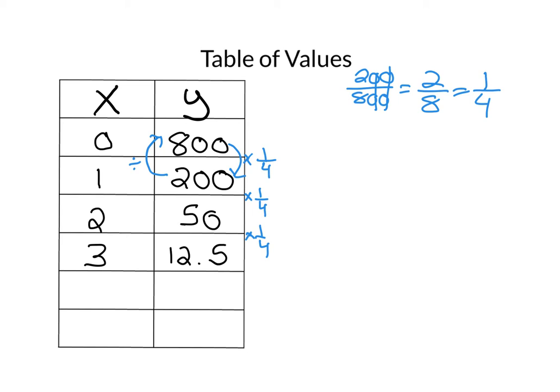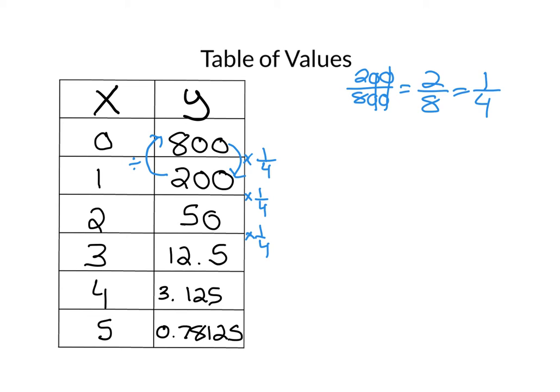Well, first, let's continue the x. Those are just going up by 1, that's easy, 4 and 5. All right, now 12.5 times 1/4 is 3.125. If we multiply that by 1/4, we'll have 0.78125.